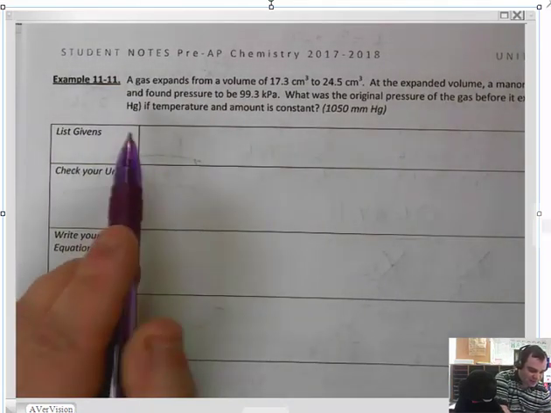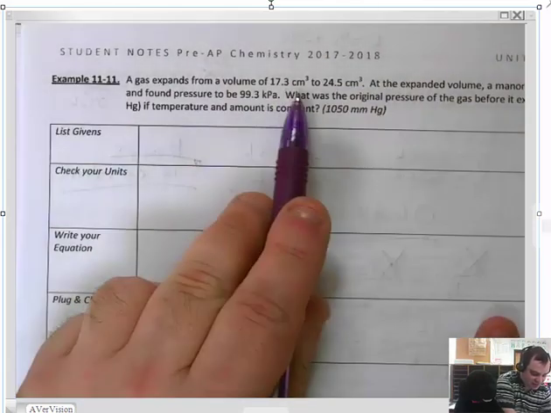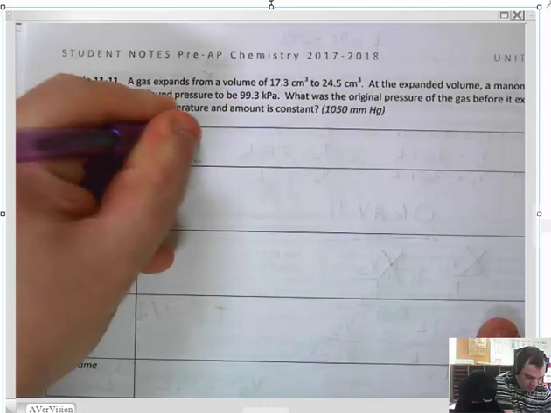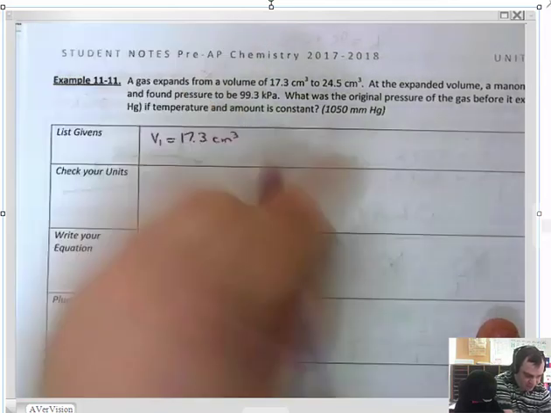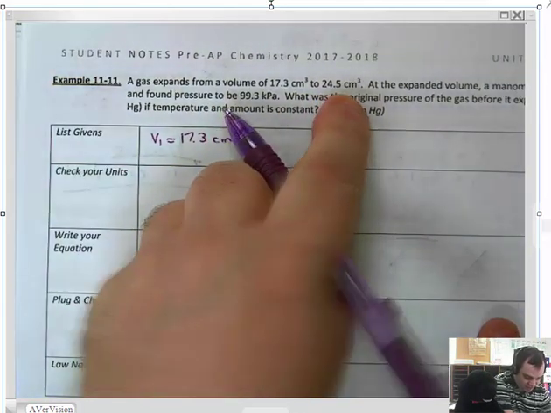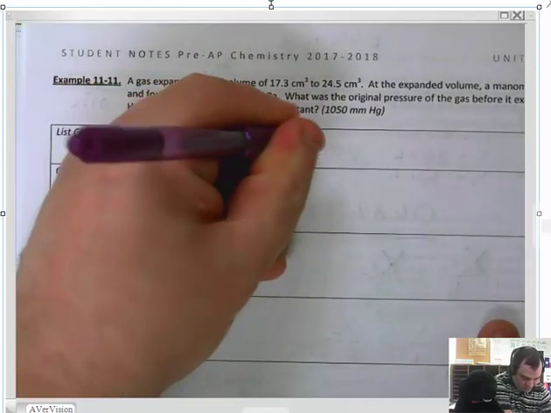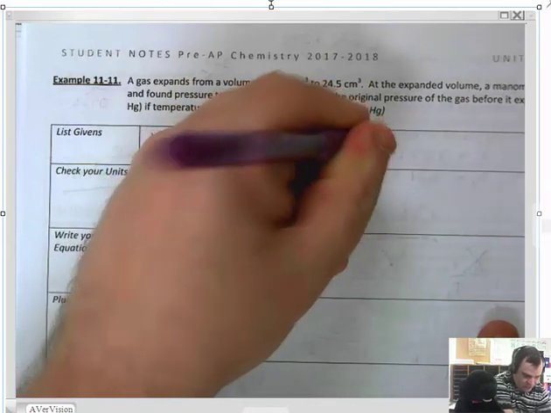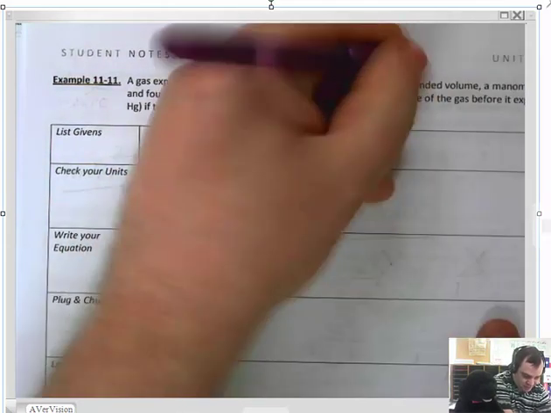Okay. Gas expands from a volume of 17.3 centimeters cubed. Volume 1 equals 17.3 centimeters cubed. Volume 2 is 24.5 centimeters cubed, the expanded volume, so this is going to be the higher volume.